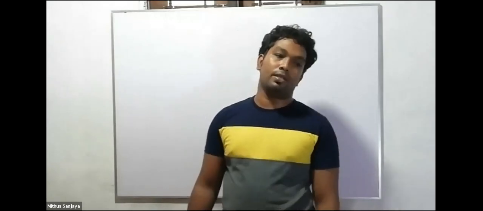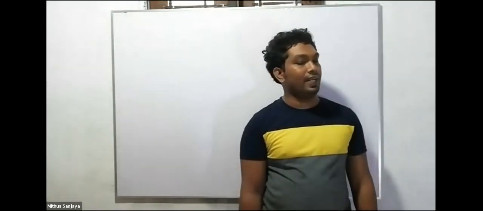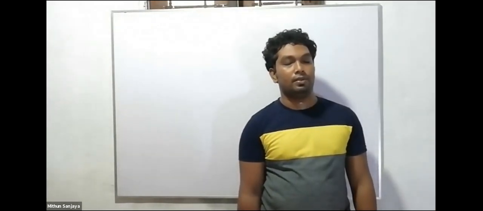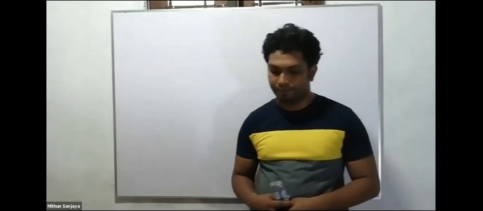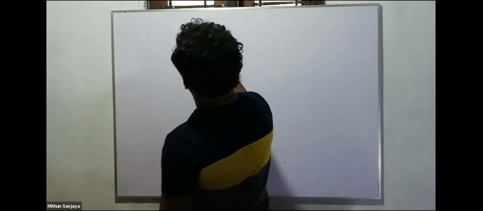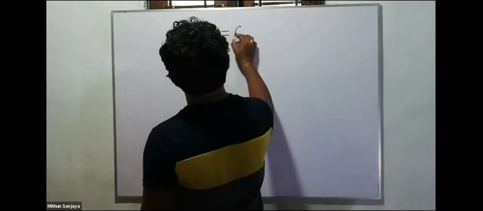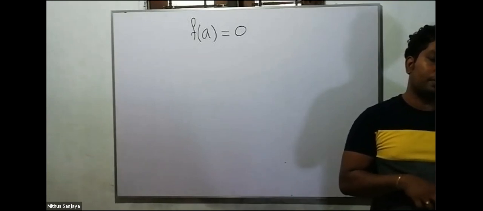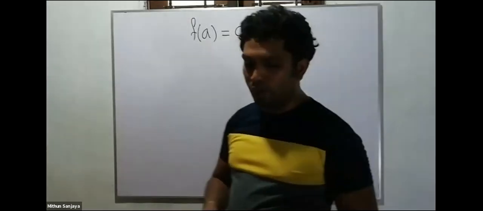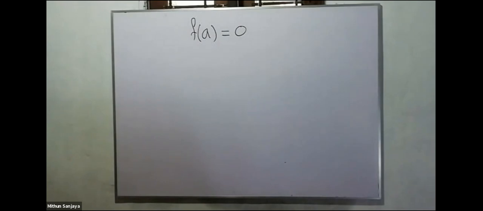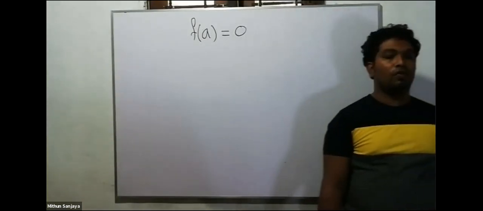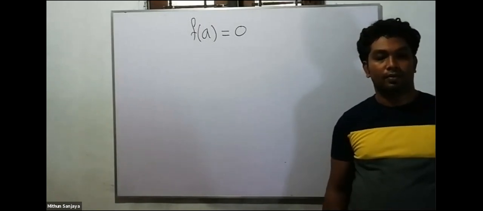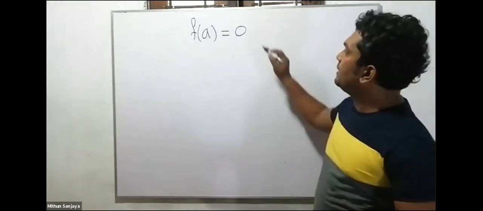If any polynomial f(x) has f(a) equals 0, f(a) equals 0, where a is a constant.